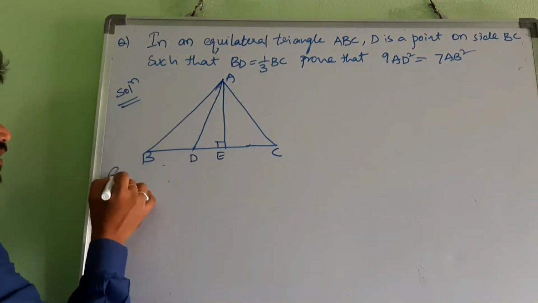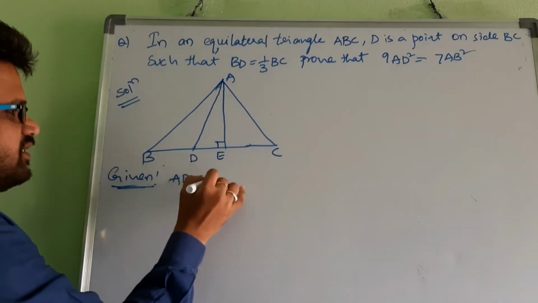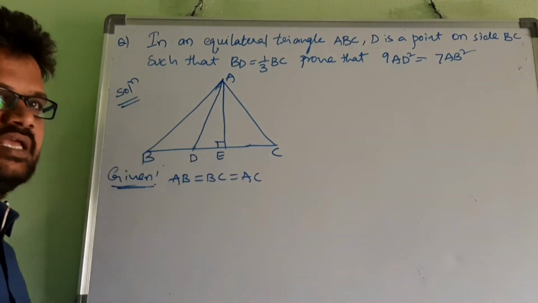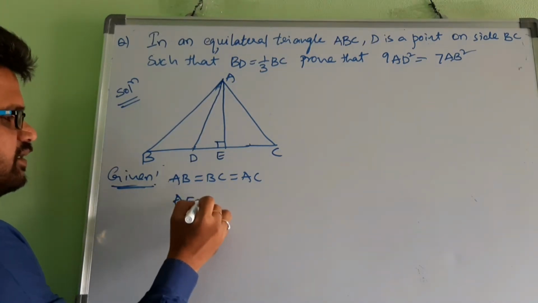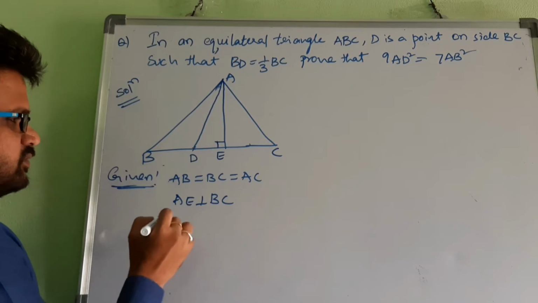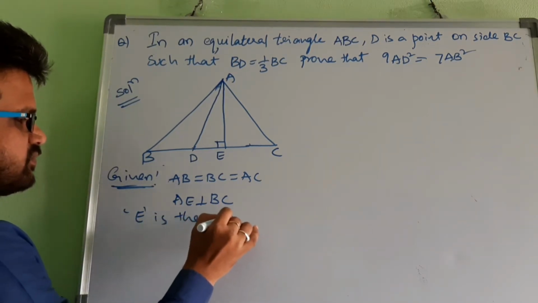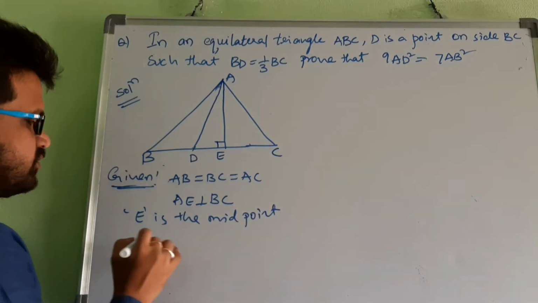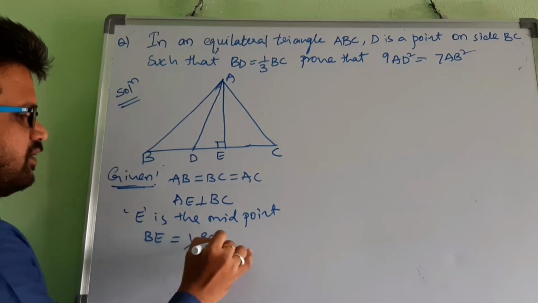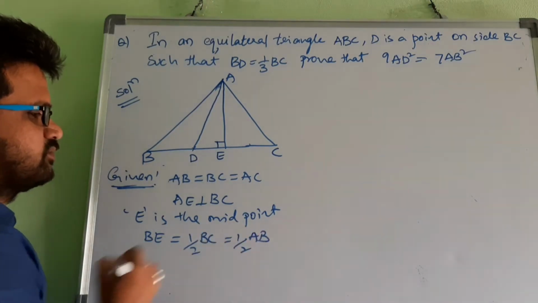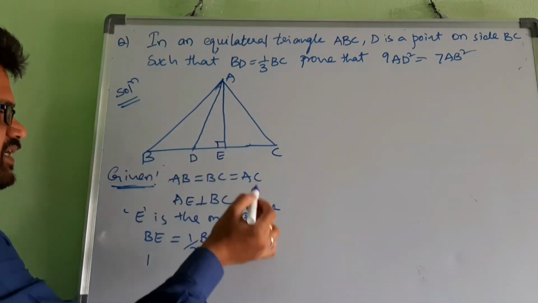What is given? Given that AB is equal to BC is equal to AC, because in an equilateral triangle all sides are equal, and AE is perpendicular to BC. So E is the midpoint, so BE is half of BC, that is half of AB, because BC is equal to AB.